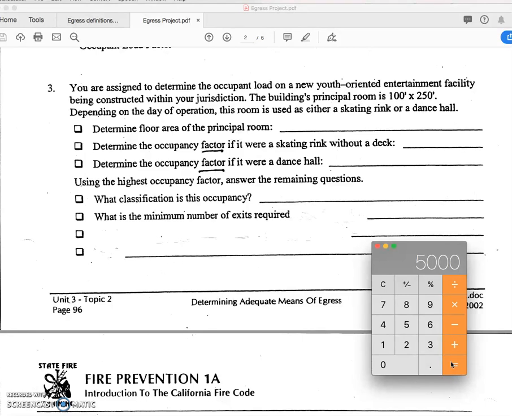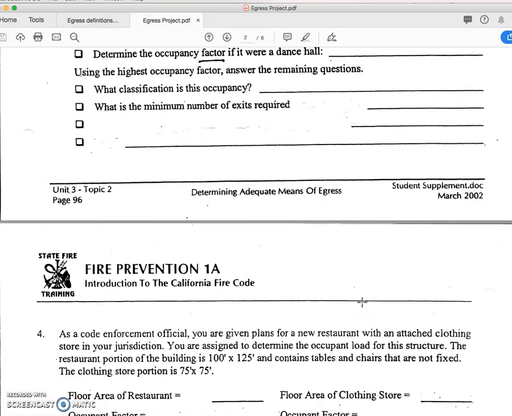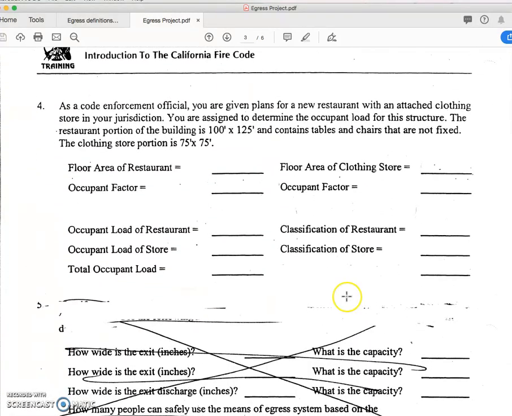Now, what's the classification of the occupancy? It's an A2. As a dance hall, a nightclub kind of a place. It could be, as just a skating rink without a viewing area, without a deck, an A3, but A2 is a little bit stricter than A3, so we're going to go with A2. So hopefully by my going through a few of these, you can figure out how to do this.